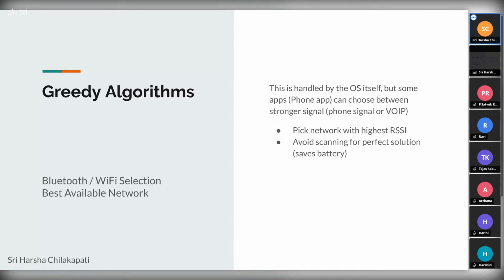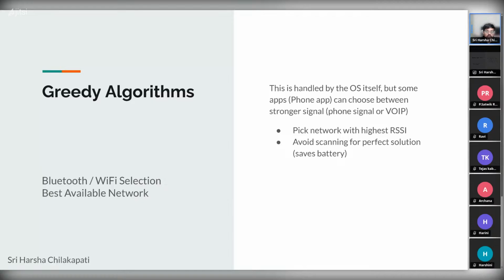Now, the same greedy algorithm is being used in Bluetooth or Wi-Fi selection as well, with the best available network. Let's say you have multiple saved Wi-Fi networks, one in your house, one in your office, one in your friend's place. And then there is always mobile data. This is handled by the OS itself, but in some cases your phone app will also choose for a stronger signal.